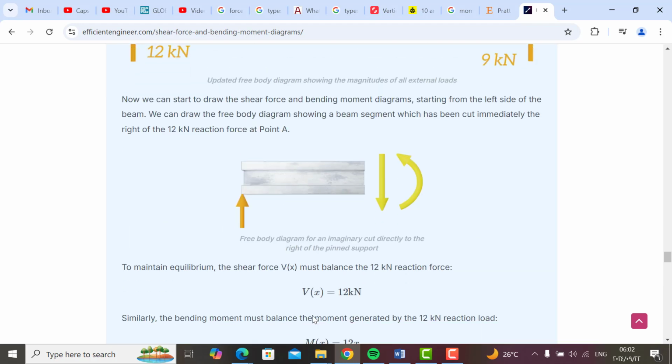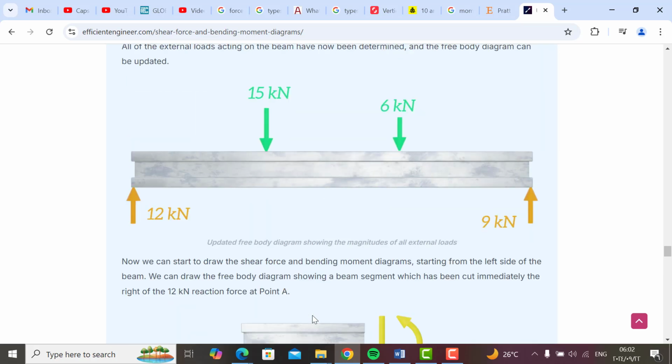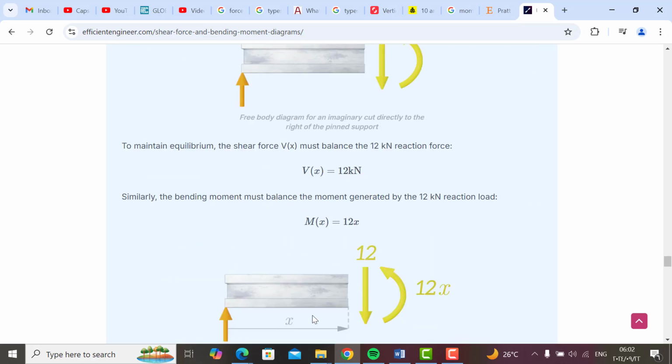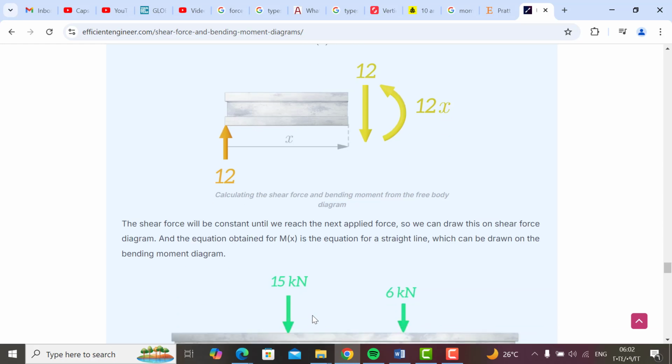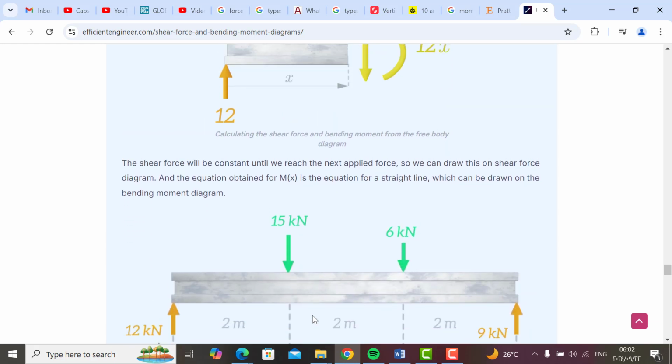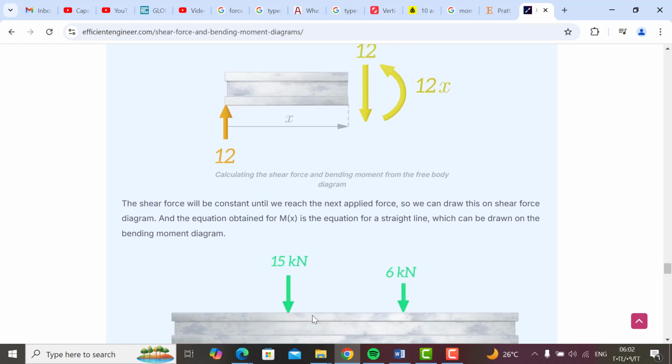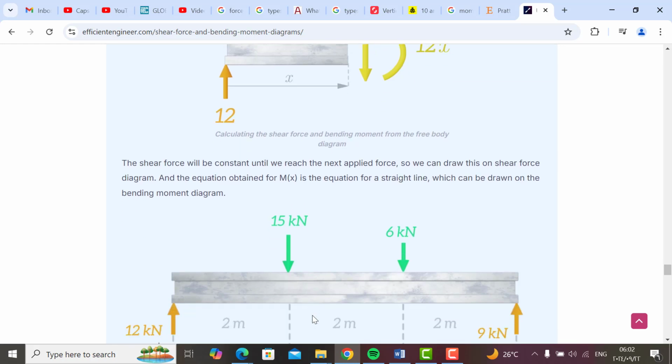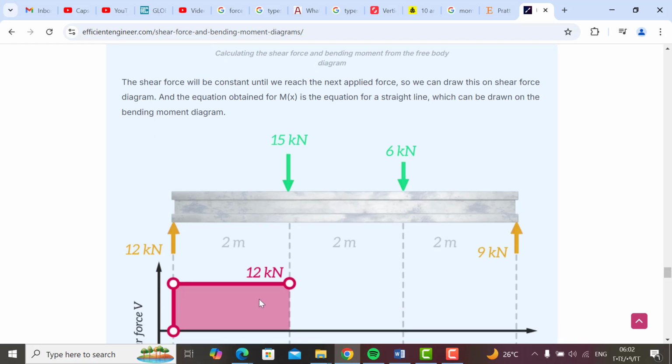Here we have another example. And now how to draw the shear forces and bending moment. We start with the first point, this one. So we have here 12 kilonewton. We go up by 12 and draw a horizontal line until we reach the second point.